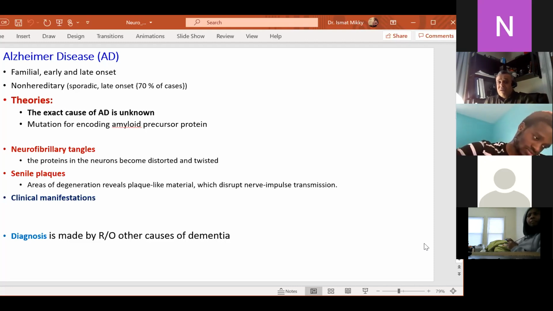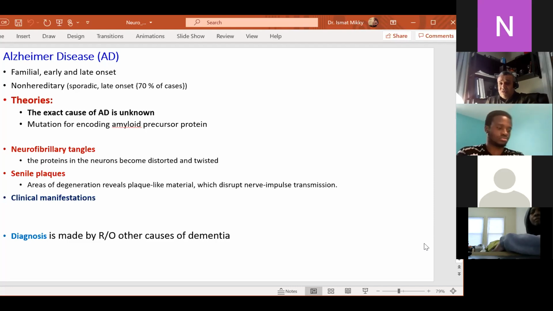And even diagnosing patients with dementia is always performed by the rule of exception, which means they have to rule out all other causes of dementia in order to be able to diagnose a patient with Alzheimer's disease.